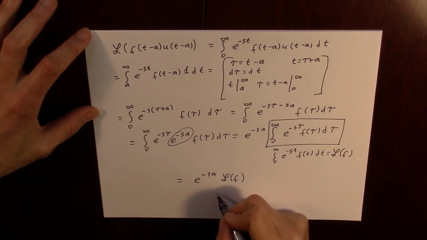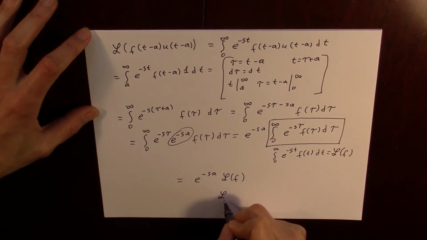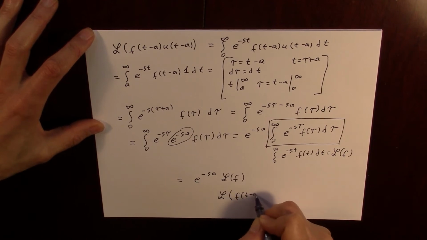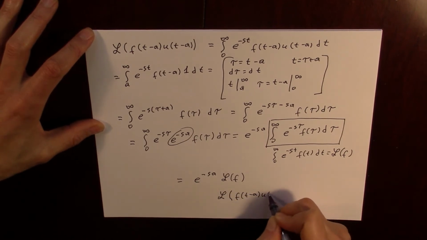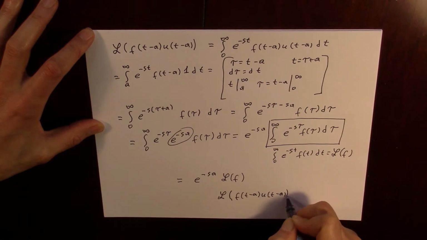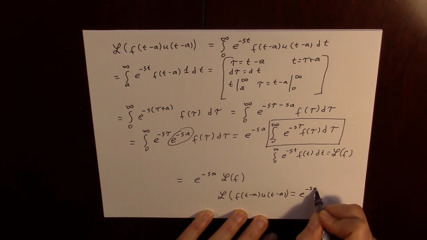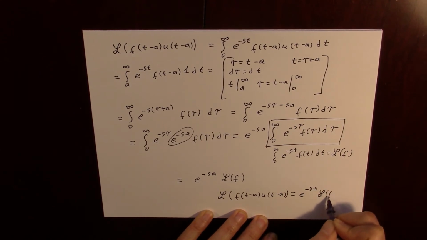So what we end up with: the Laplace transform of f of t minus a times u of t minus a equals e to the negative sa times the Laplace transform of f.